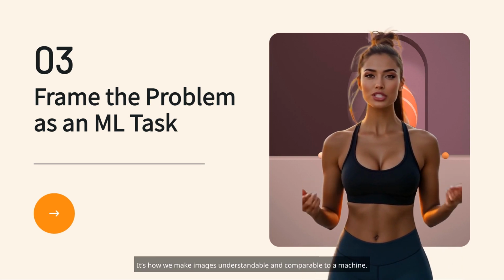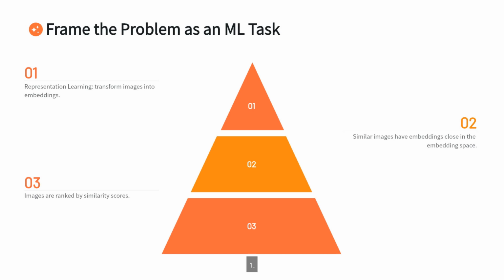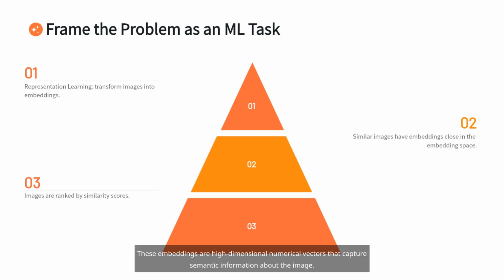In a visual search system, representation learning is at the core. It's how we make images understandable and comparable to a machine. 1. Transforming images into embeddings. The first step is to use a deep neural network, typically a convolutional neural network, CNN, or a vision transformer, to convert an image into a compact vector representation, also called an embedding.